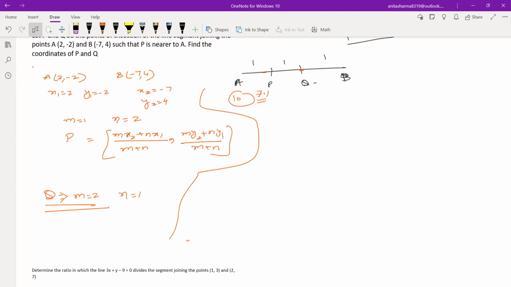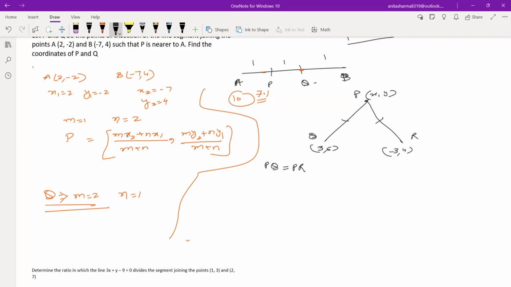Question number 10 is, find a relation between x and y such that the point (x, y) is equidistant from the points (3, 6) and (-3, 4). Let this point (x, y) be P, and the other points be Q and R. In the question we have been given equidistance, so PQ will be equal to PR.